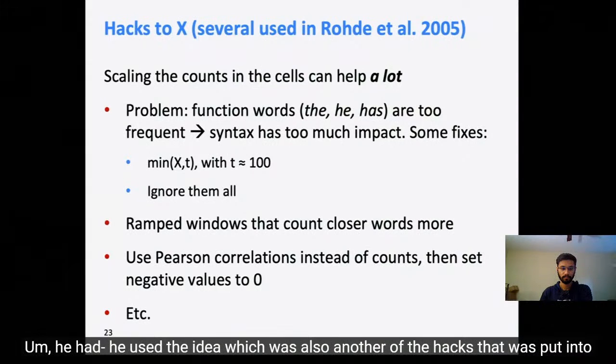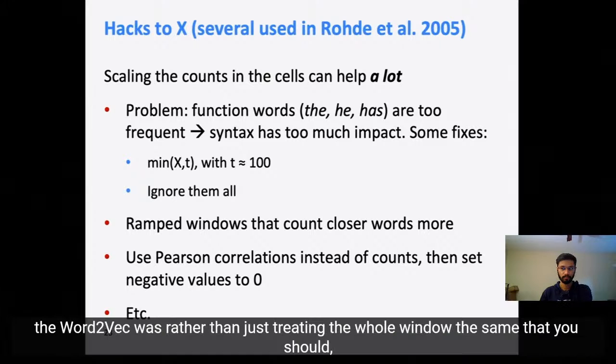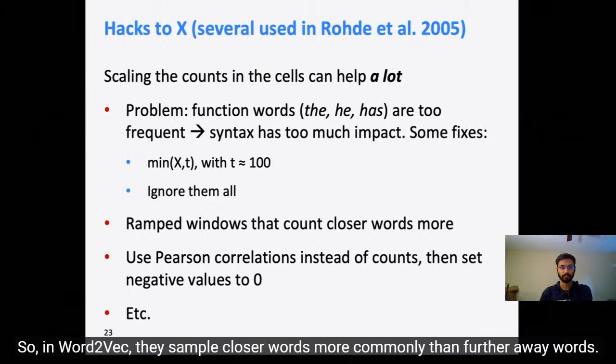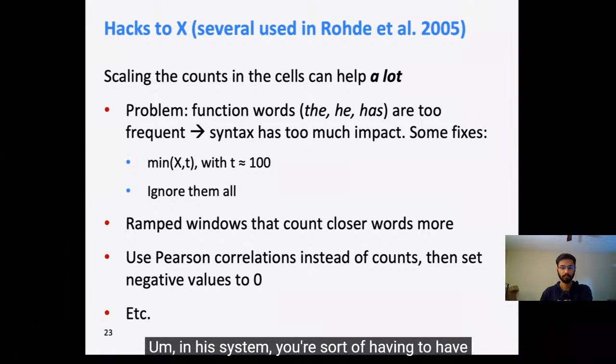He used the idea, which was also another of the hacks that was put into word2vec, that rather than just treating the whole window the same, you should count words that are closer more. In word2vec, they sample closer words more commonly than further away words. In his system, you have a differential count for closer words, etc.